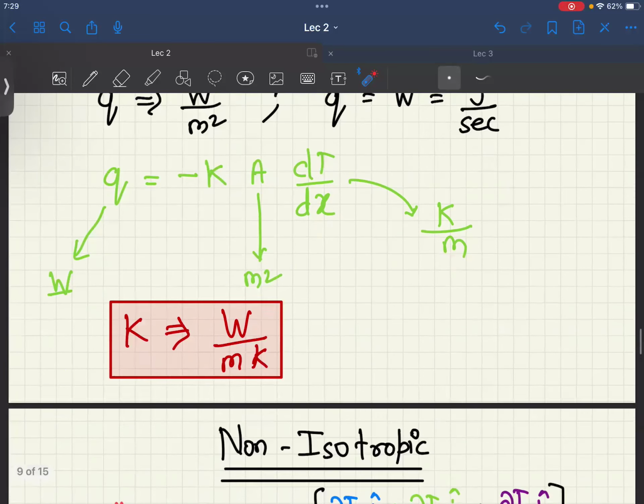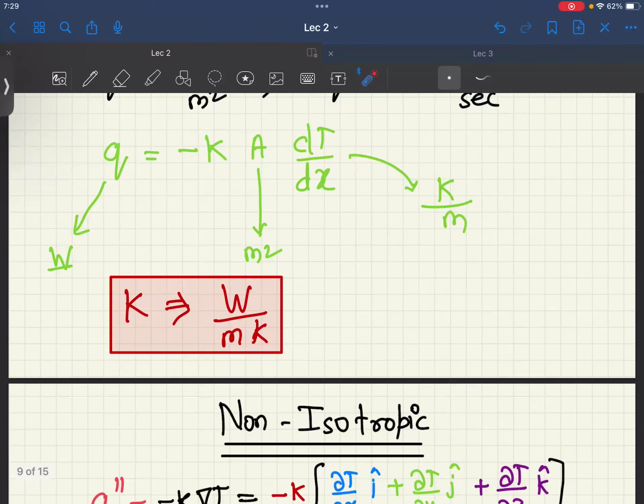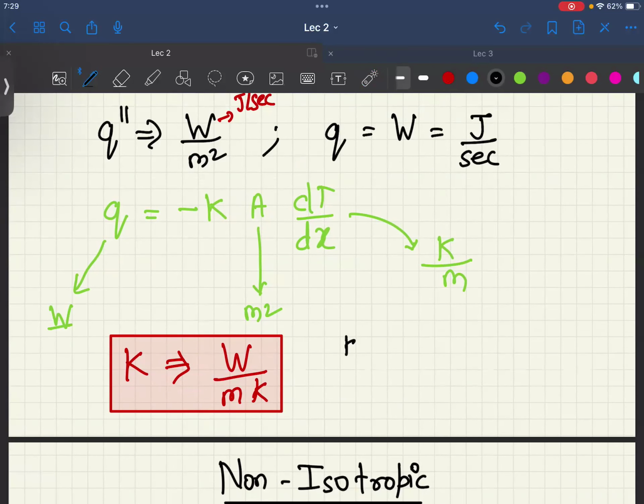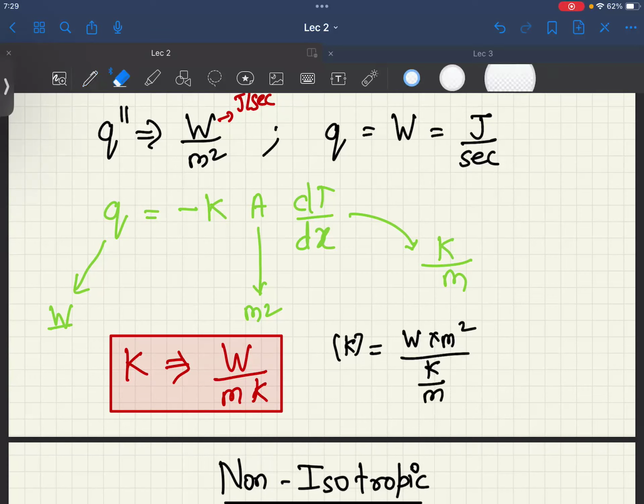So when you take these units on the right hand side, you will find that the unit of K, that is thermal conductivity, is nothing but watt per meter Kelvin.